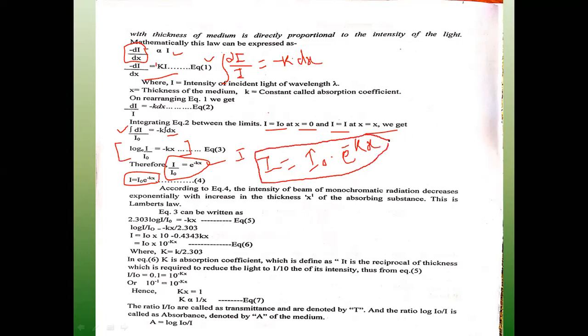So we can state this law again: the intensity of a beam of monochromatic radiation decreases, because there is a negative sign, exponentially with arithmetically increasing thickness of the absorbing medium. Okay, so in this way we can state this law.